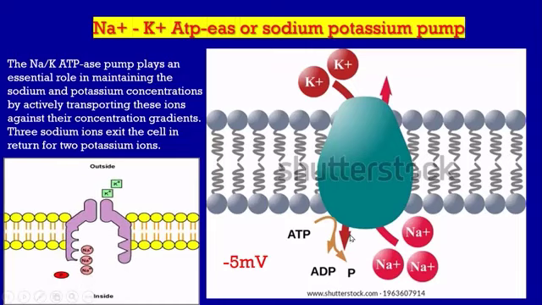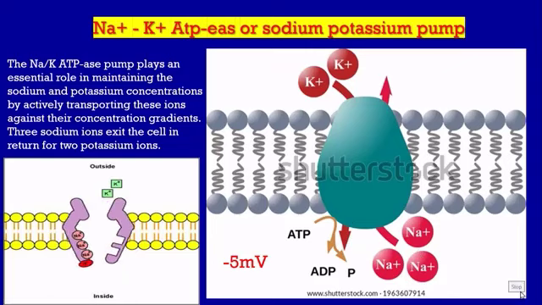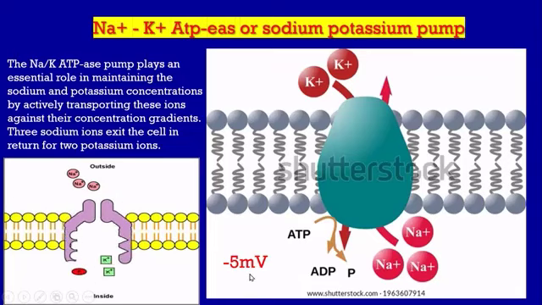So you can see that 2 potassiums are coming in and 3 sodiums are leaving the intracellular fluid. By this mechanism, the inside positivity is brought only to minus 5 millivolt. It plays only the role of minus 5 millivolt.